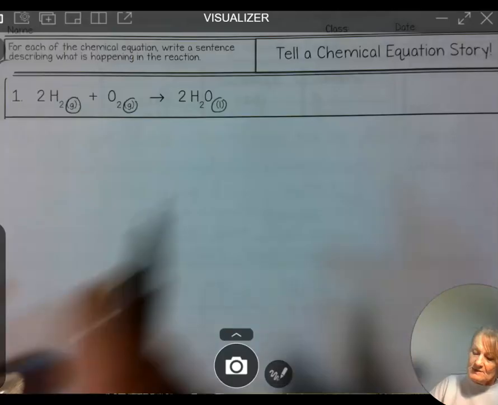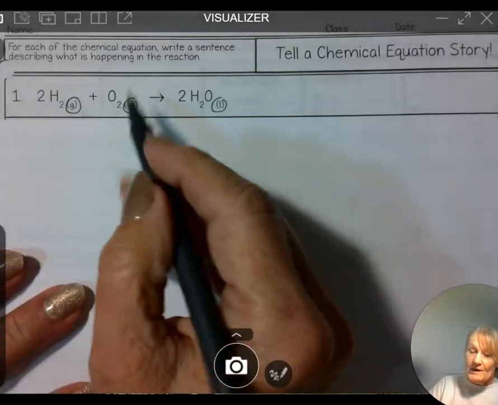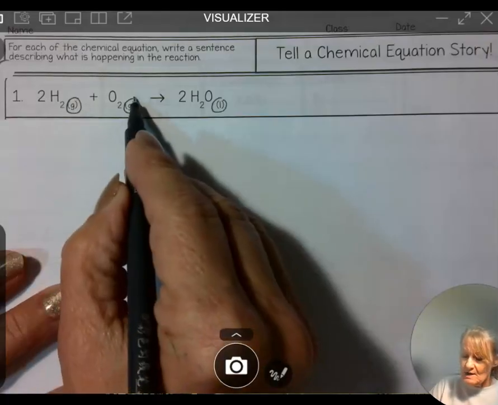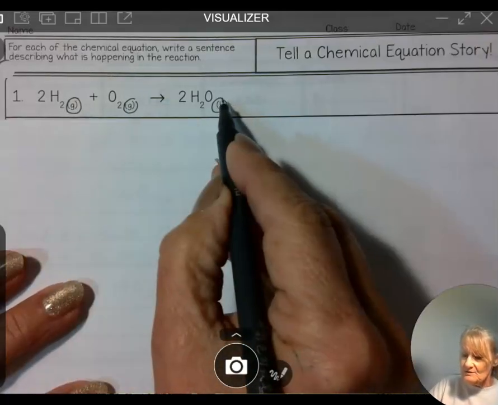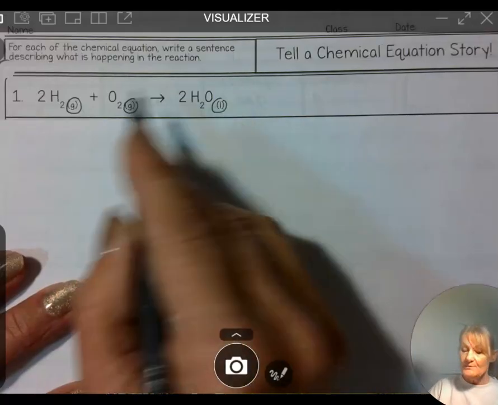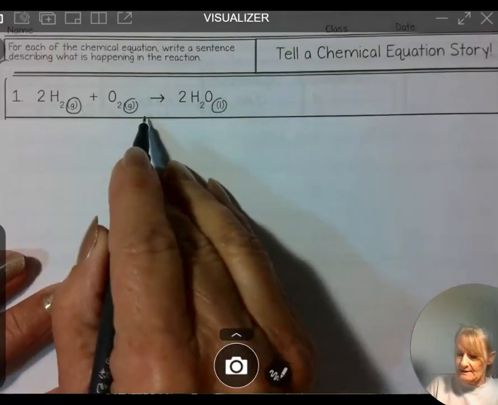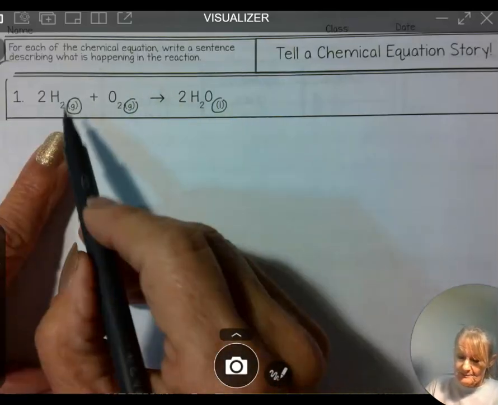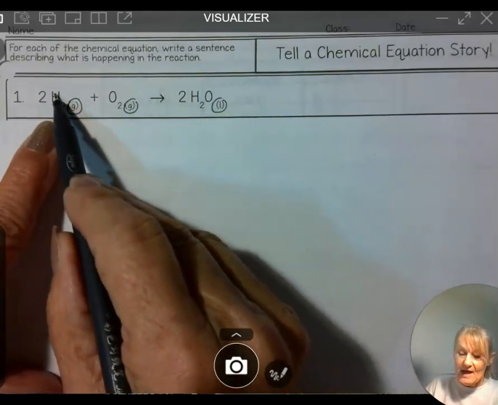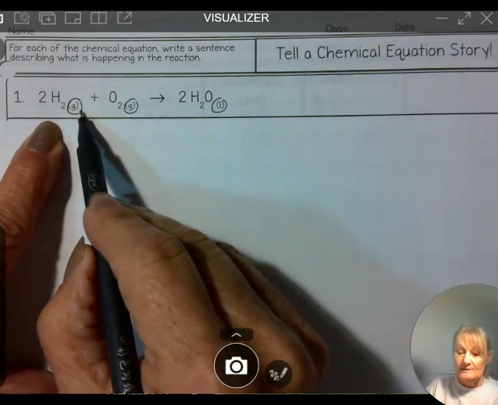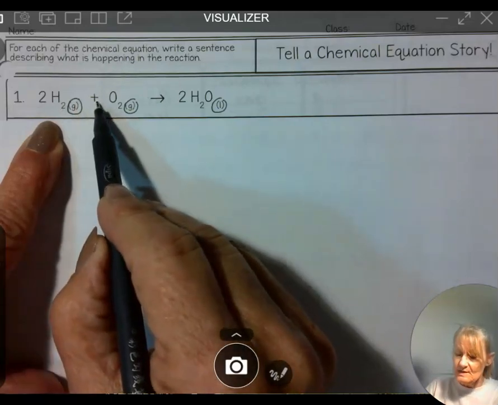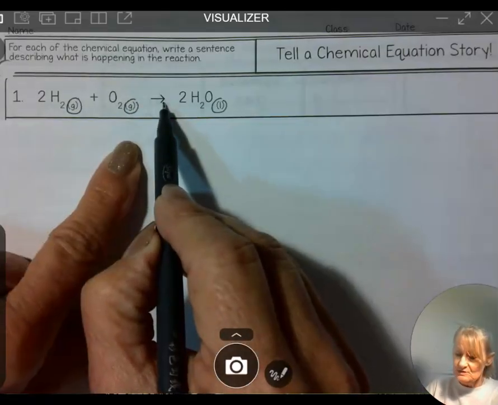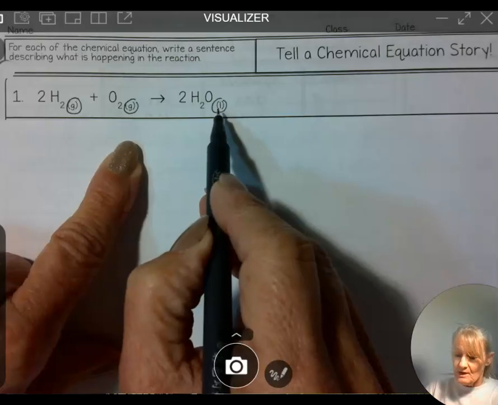Okay, so one of the things that you need to remember is, again, your state of matter notation that is at the bottom, whether it is a gas or a liquid or aqueous or what it is. So when you look at this, you see that you have hydrogen gas, that it's going to react with oxygen gas to produce or to yield water.